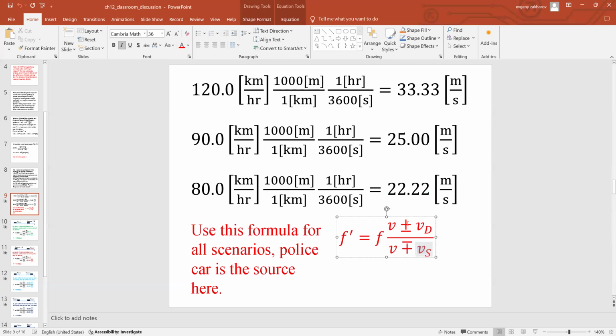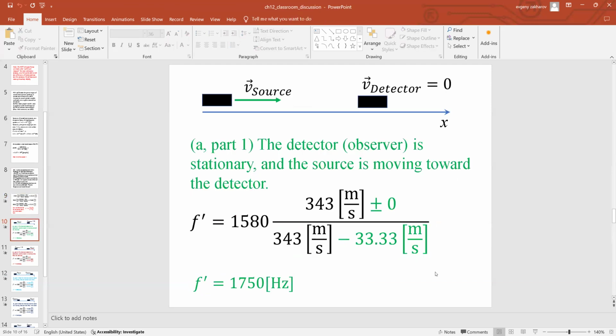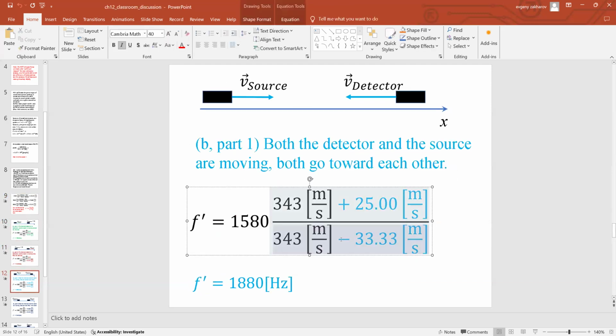For the source, it's towards, away, towards, away. For towards, it's the negative option that you have to go with. The top option is towards, the bottom is away. So if the source is going towards the detector, then it's a minus for the denominator, which is exactly what you see here.